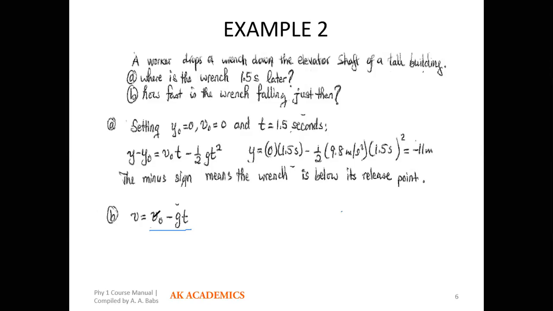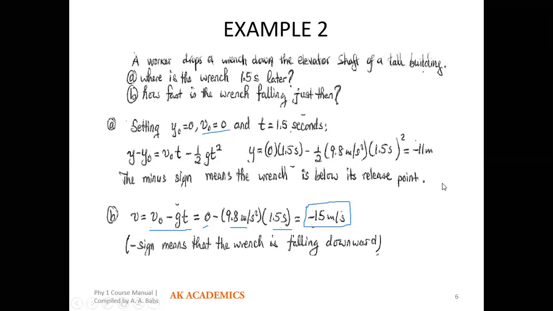If we take it a step further and apply that, this is what we get. Our v naught, as we know, is 0, so we have 0 here, minus g, 9.8, times t, 1.5 seconds. If you multiply these out, you have minus 15 meters per second. Again, you find that we have negative velocity. What does that mean?